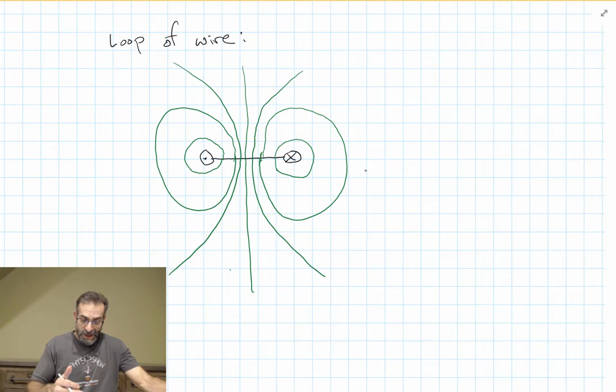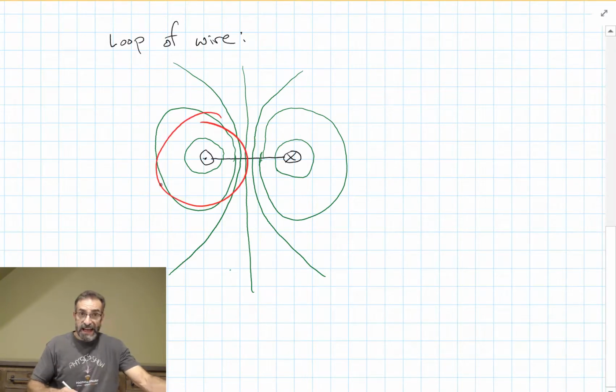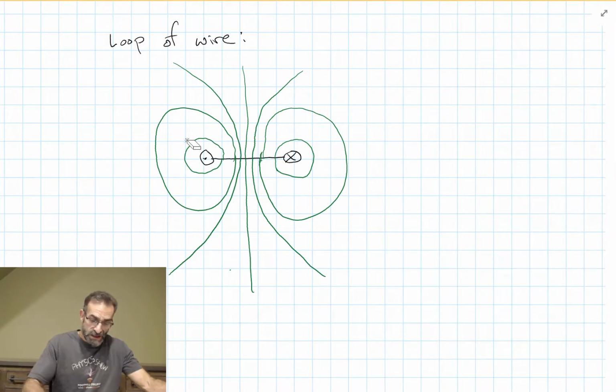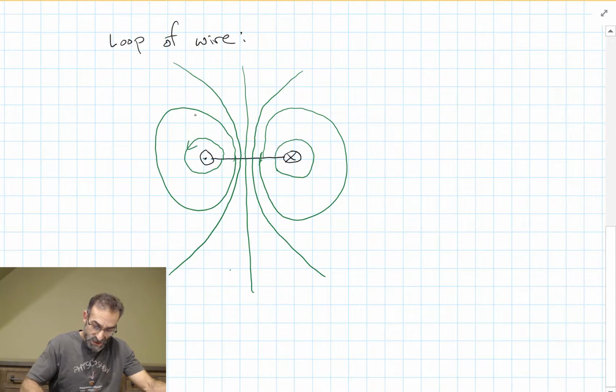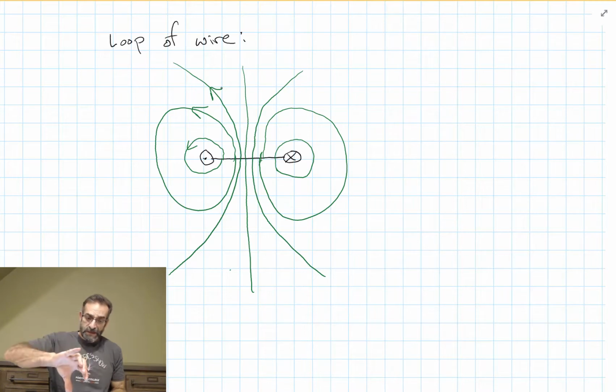We'll use our right hand rule. Put our thumb in the direction of the current. So on this side, on the left hand side, I'm going to put my thumb in the direction of the current, and my fingers roll around the wire in the counterclockwise direction. So I'm expecting these magnetic fields to point like that. Now if we look at the right-hand side, I have to put my thumb into the page.